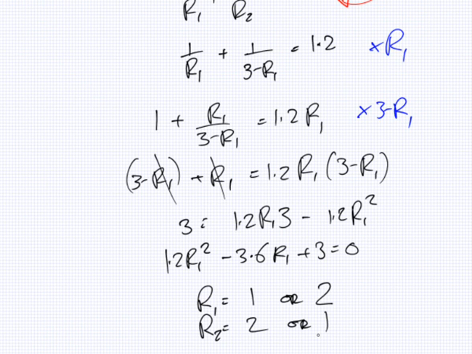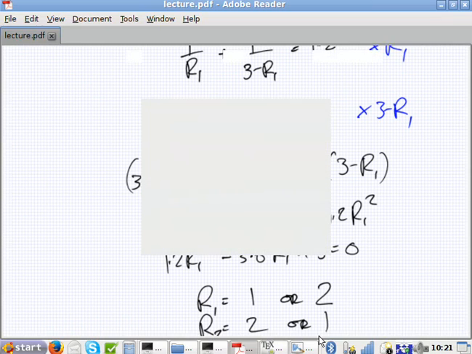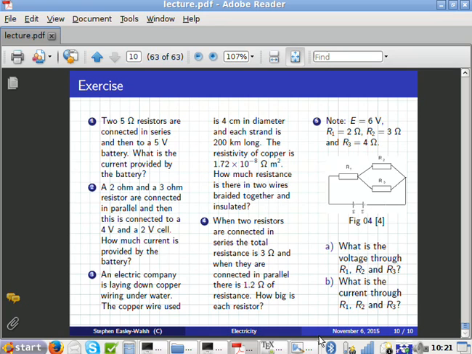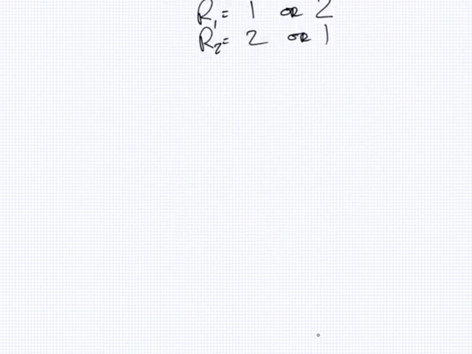So I'll get 1.2 R1 squared minus 3.6 R1 plus 3 equals 0. So you'll get two answers for R1. R1 equals 1 or 2. And when you substitute this back in, you get two answers for R2. R2 equals 2 or 1. So the answer is 1 and 2 or 2 and 1.